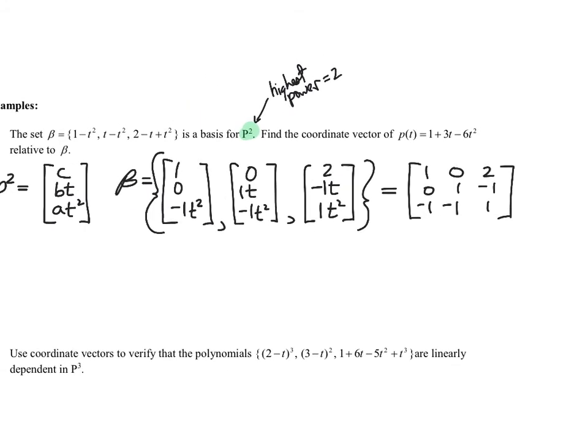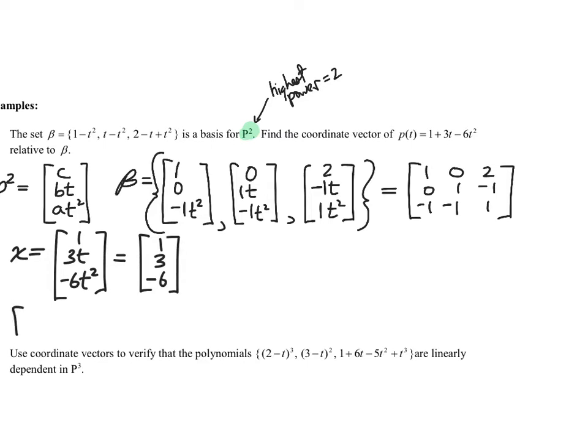All right, find the coordinate vector of p of t relative to beta. So they're telling us that x is equal to, and again, I'll write it with the variables: 1, 3t, negative 6t squared, which corresponds to just the vector 1, 3, negative 6.